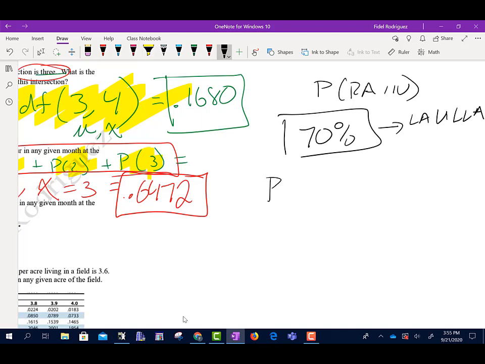And then you would say, well, what's the probability that it's not going to rain? Well, then we would take 100% minus 70%, and that'd give me 30%, right?